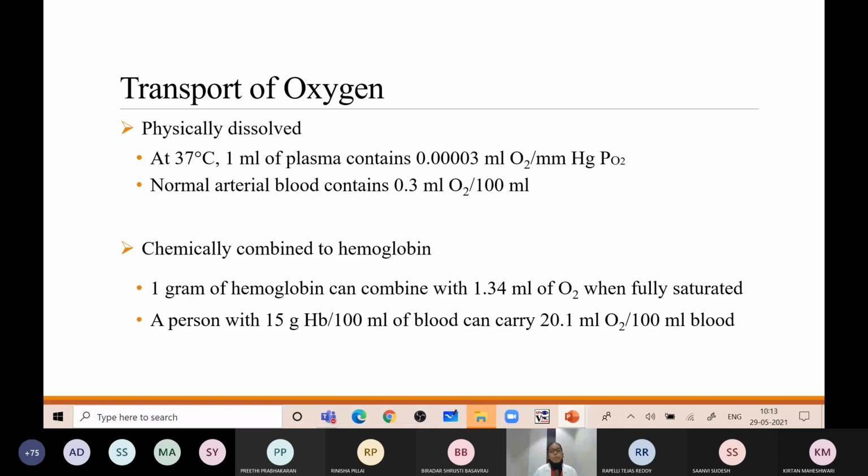So a person normally with 15 grams of hemoglobin per 100 ml of blood can carry 20 ml of oxygen per 100 ml of blood. If 1 gram is 1.34 ml, then for 15 grams, if you multiply 15 into 1.34, you will get around 20 ml of oxygen per 100 ml of blood.